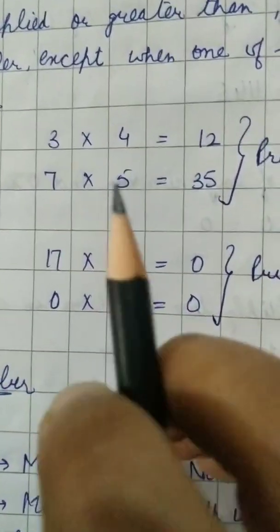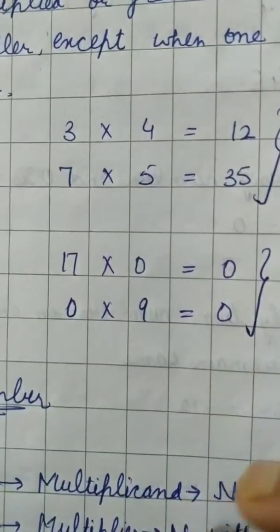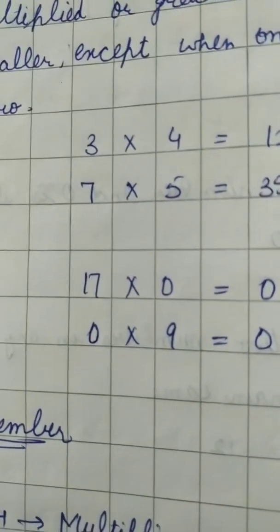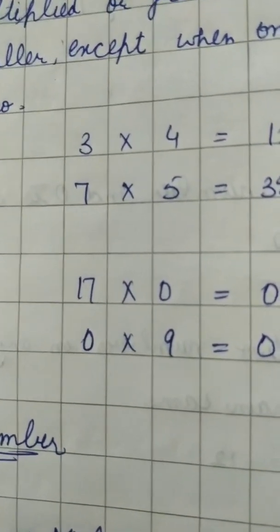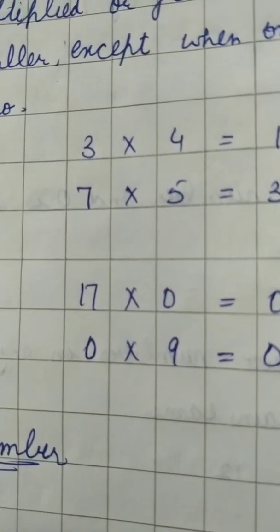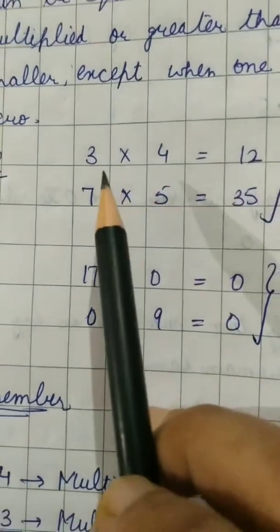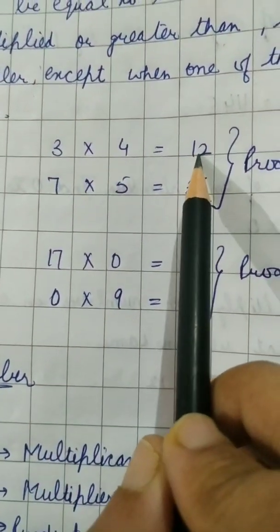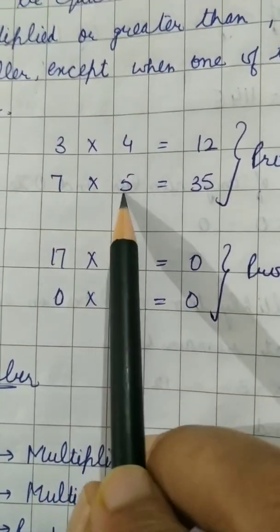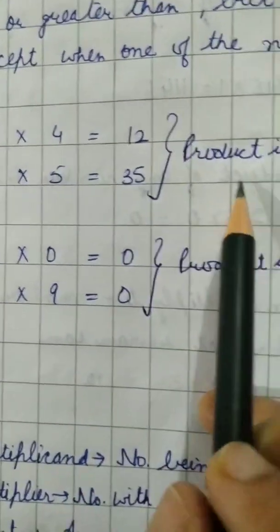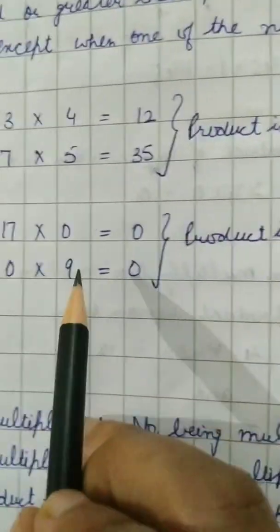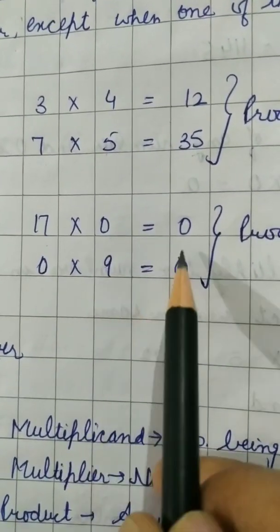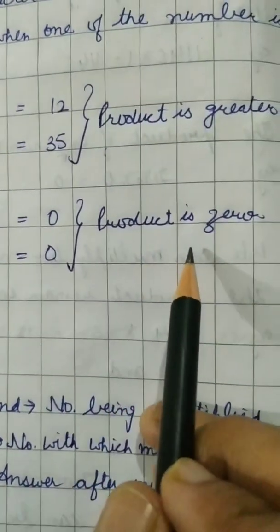Whenever you find the product of 2 numbers or 3 numbers, the product will always be greater, but it will be 0 if one of the numbers is 0. Like see here in this case I have 3 and 4. 3 4s are 12, which is greater than these 2 numbers. 7 5s are 35, which is always greater. So product is greater here. In the second case I have multiplied 17 by 0 and 0 by 19. The answer is 0. So product is 0 here.